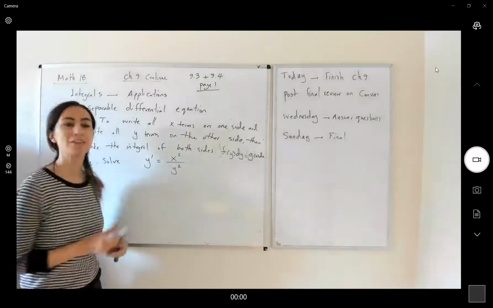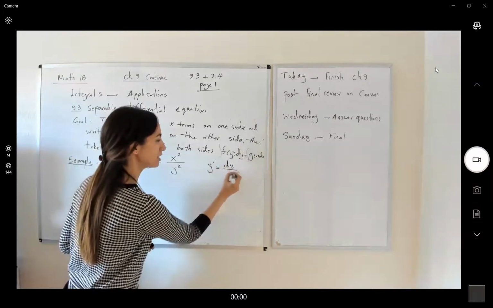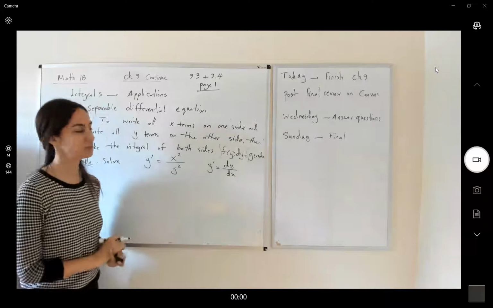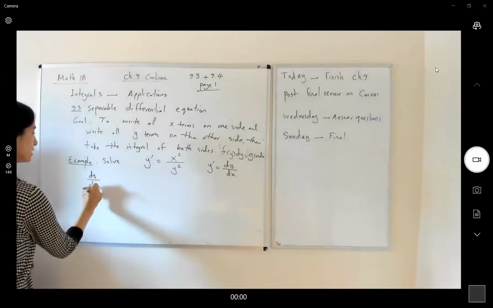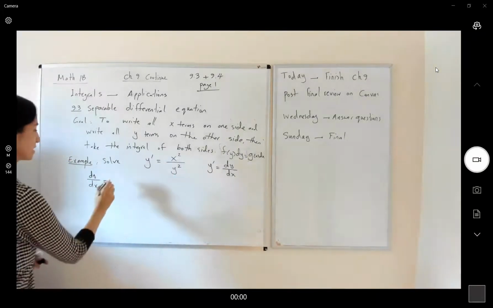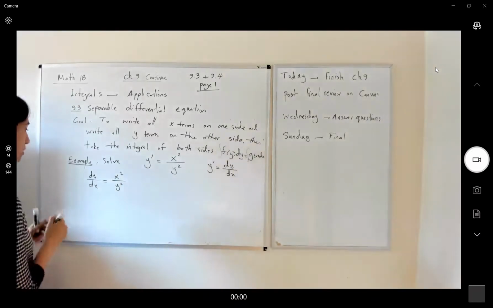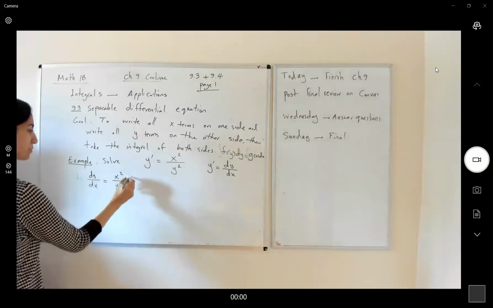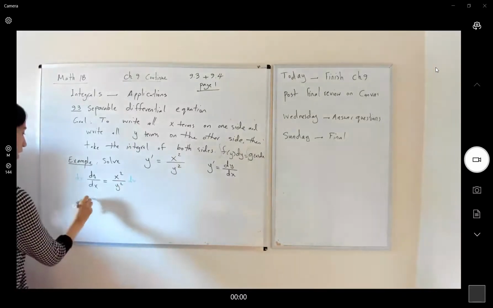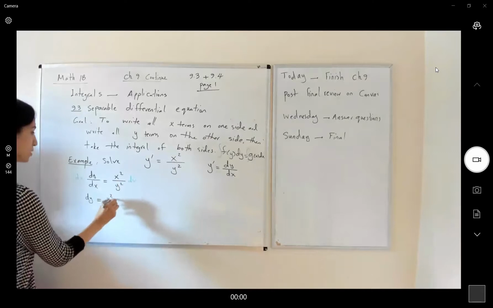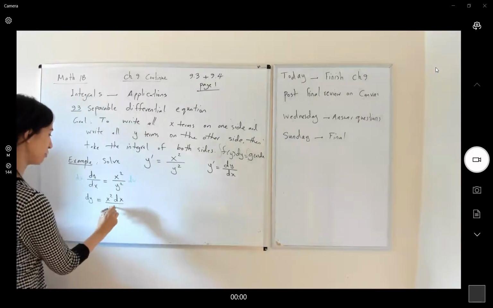First, use differentiation, y prime, which is defined as dy over dx, and replace that here. So dy over dx is equal to x squared over y squared. Then I'm going to multiply everything by dx to get rid of dx on the denominator. I have dy equals x squared dx divided by y squared.